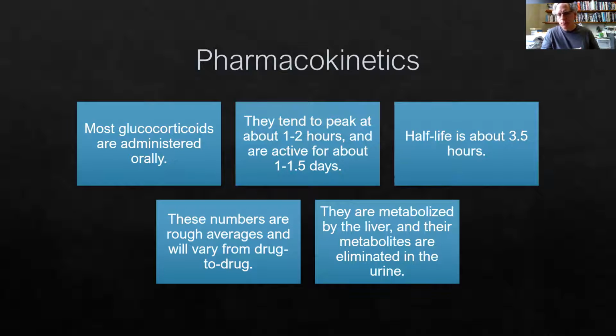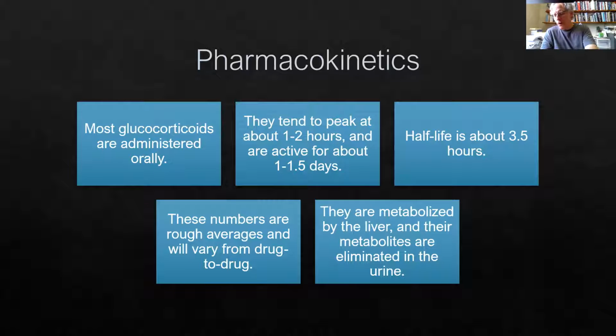Mostly they're given orally. They tend to peak in 1 to 2 hours, tend to be active for about a day, day and a half. The half-life, again this is a rough average, is 3.5 hours. These will differ from drug to drug, but this is a pretty good ballpark. They're metabolized by the liver. The metabolites are excreted in the urine.